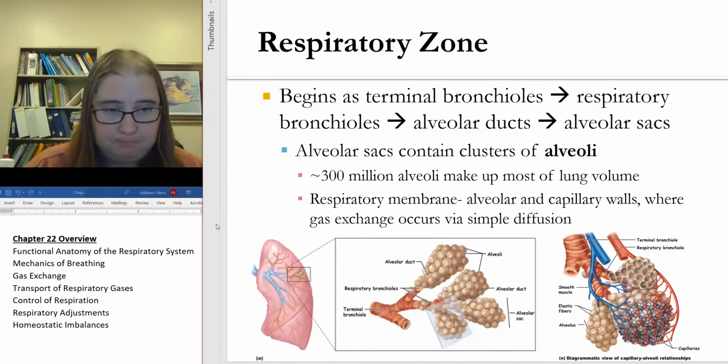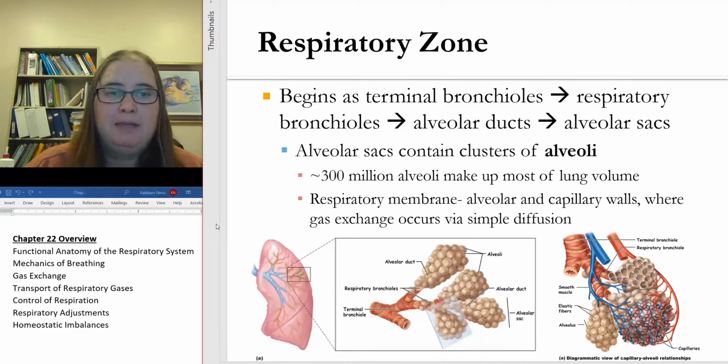And these alveoli create what's known as the respiratory membrane. And the respiratory membrane is the interface between the alveoli and our capillaries within the blood system.